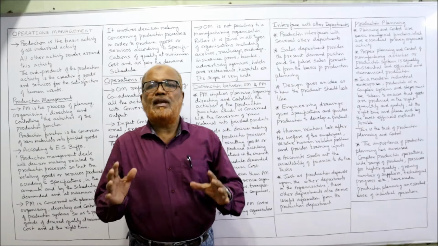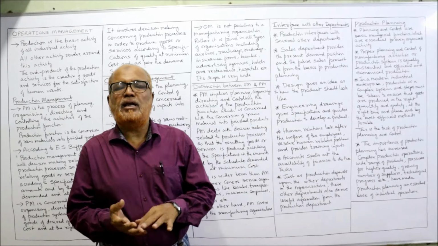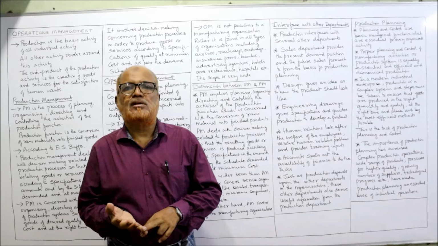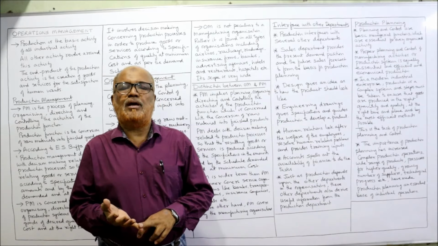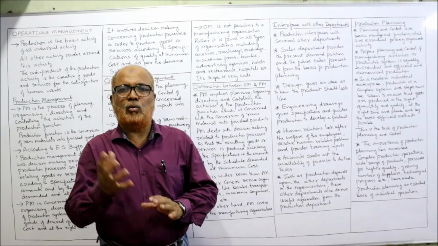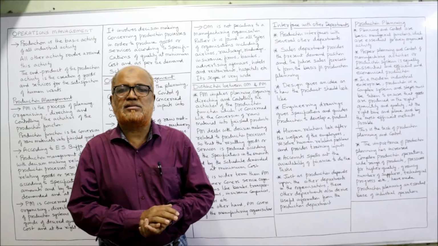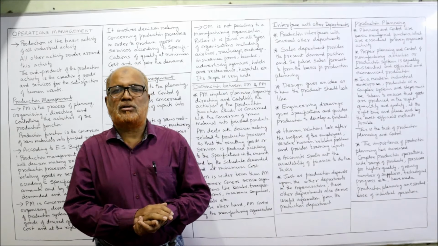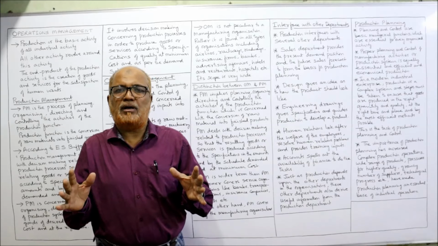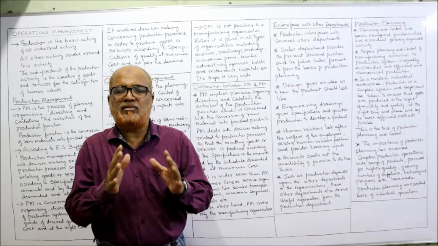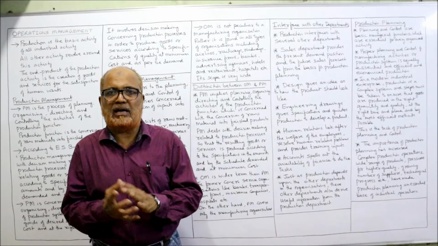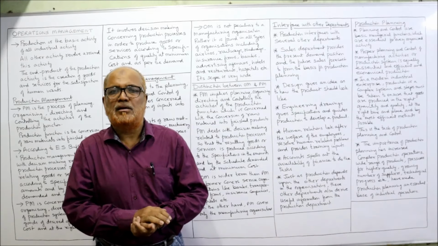If there is proper planning and controlling in manufacturing activities, then definitely the business can produce better quality goods at a reasonable price at the minimum cost.